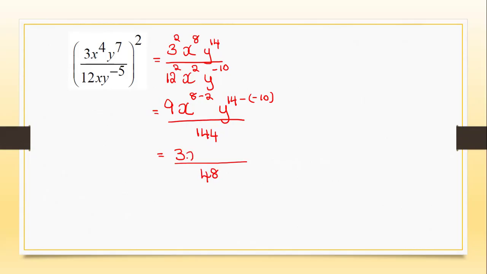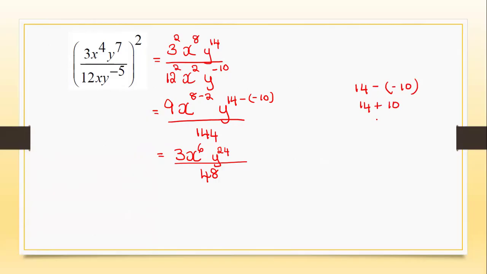Now we have our x. 8 subtract 2 is 6. Our y. 14, negative times a negative is going to give us a positive 10. 14 plus 10 is going to give us 24. Remember, 14 subtract -10, negative times a negative is a positive.